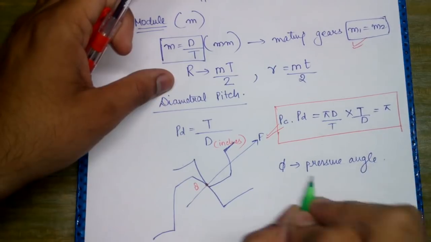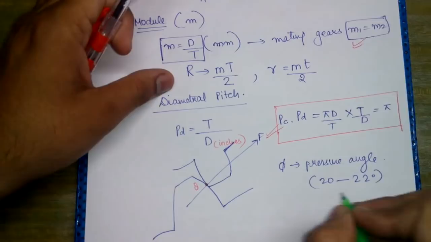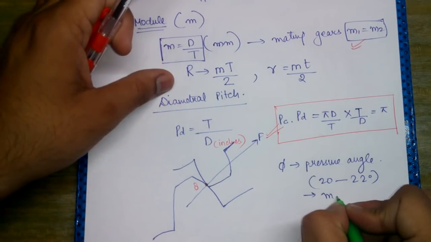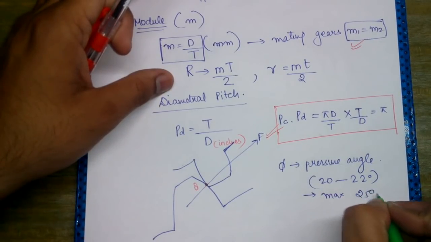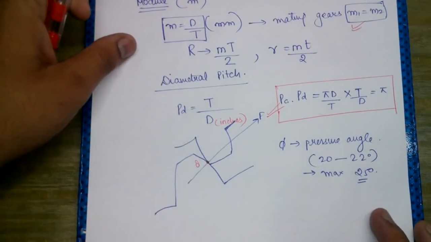The general value lies between 20 to 22 degrees, but the maximum value can be extended up to 25 degrees. We cannot increase the pressure angle beyond 25 degrees.